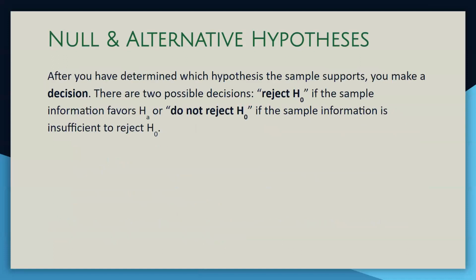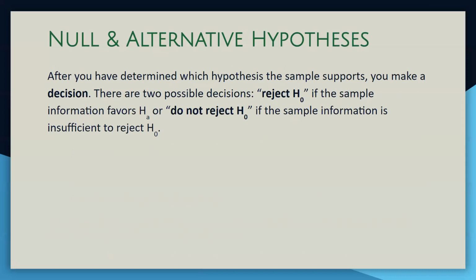After you've determined which hypothesis the sample supports, you make a decision. And there are two possible decisions: reject the null hypothesis if the sample favors the alternative, or do not reject the null hypothesis if the sample information is insufficient to reject it. It is important to notice that both of those decisions in bold are in terms of the null hypothesis.